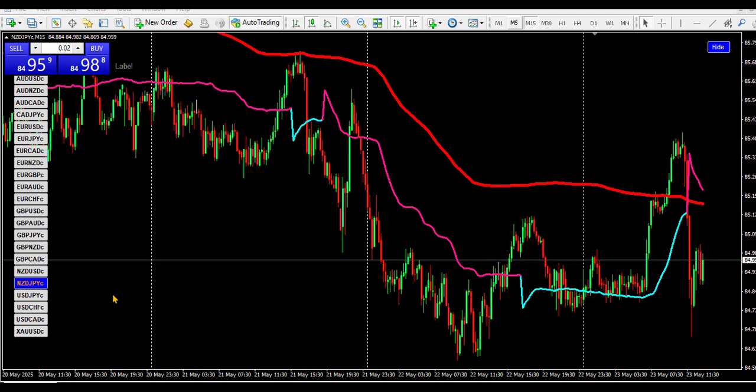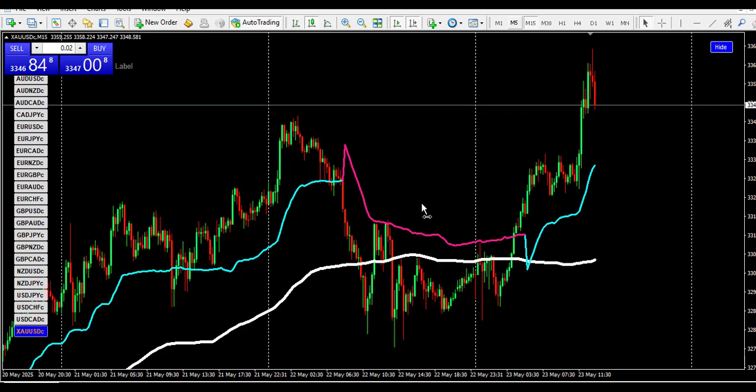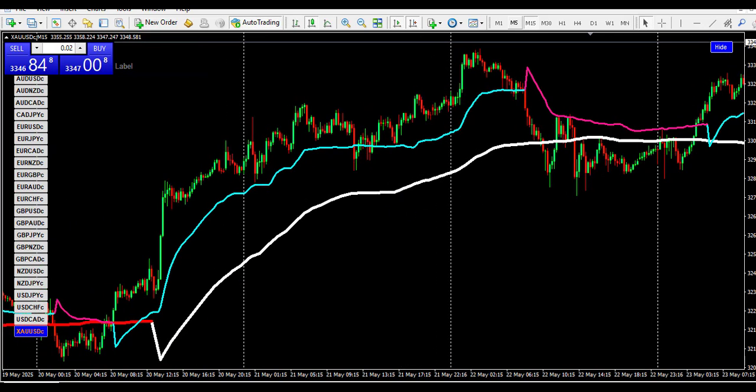This is New Zealand Japanese yen, and let's check it out on gold. On gold we have a buy setup here. This changed from red to white for a buy, and the current time frame, which is M15, also changed in agreement.